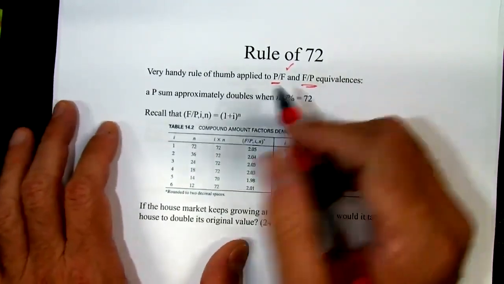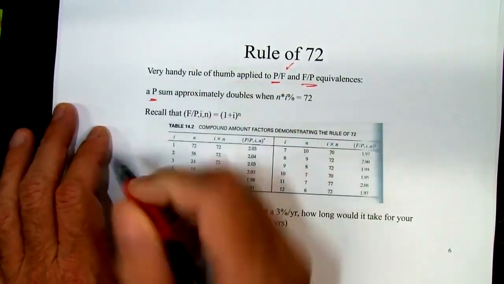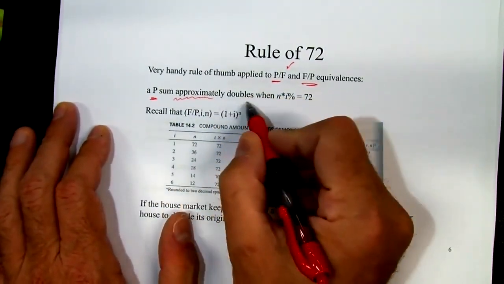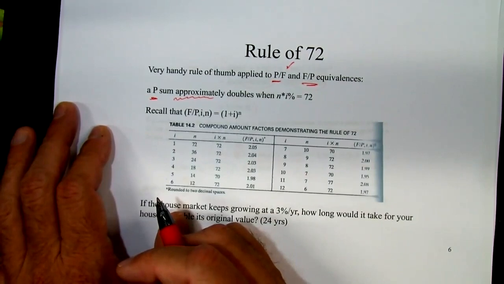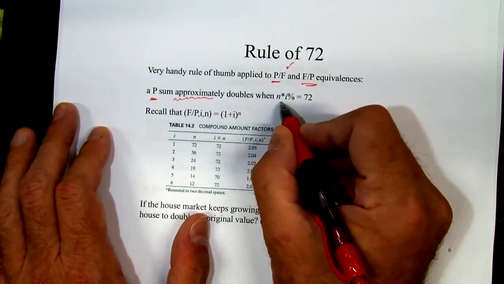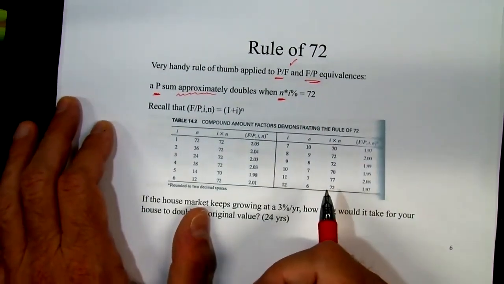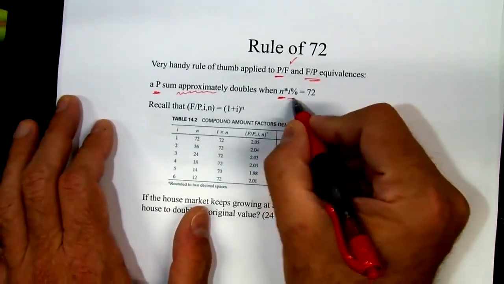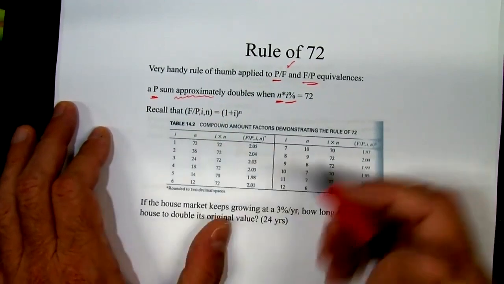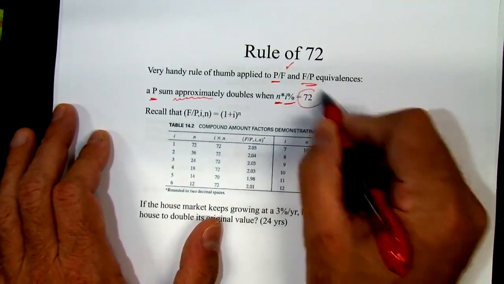It says that a given sum, let's call it P or whatever symbol you want to use, approximately doubles in value whenever the product between the number of periods that you leave it invested and the interest rate that it is invested at during those periods is close to or even equal to 72.